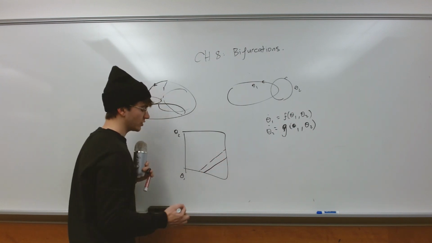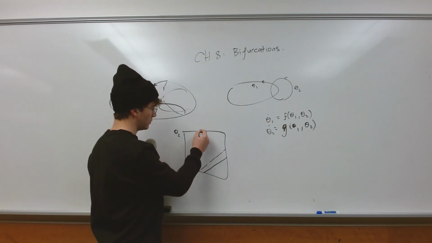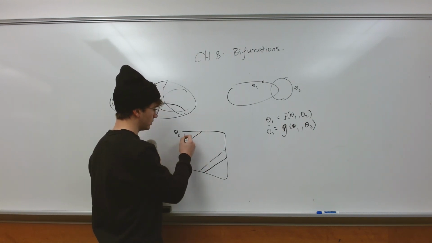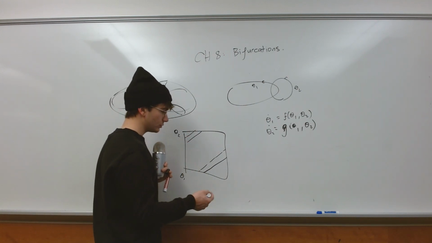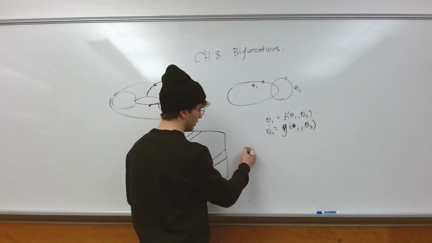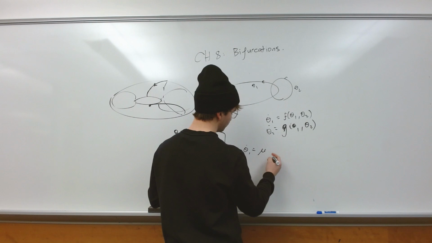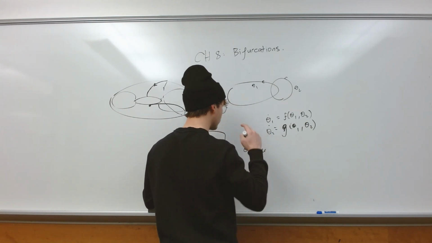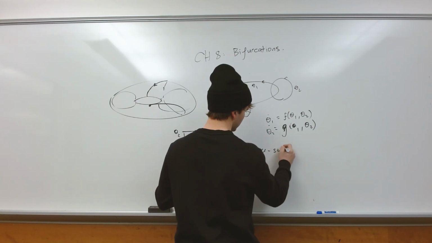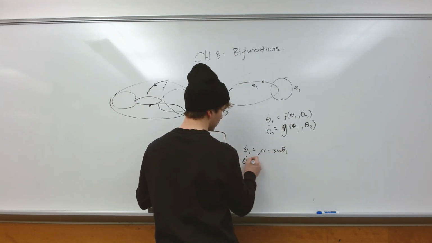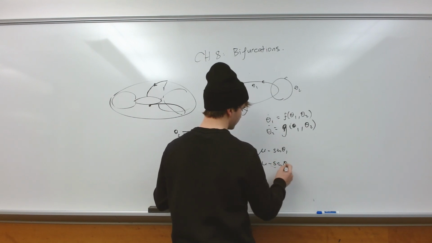And this would appear as essentially some sort of line on our magic rectangle. Okay, so essentially, let's say I have theta 1 dot is equal to mu minus sine theta 1, and theta 2 dot is equal to mu minus sine theta 2.